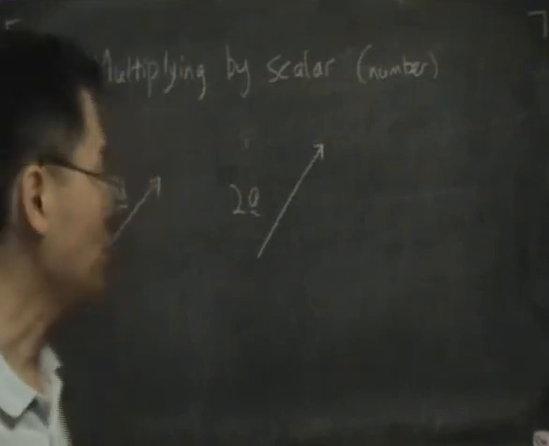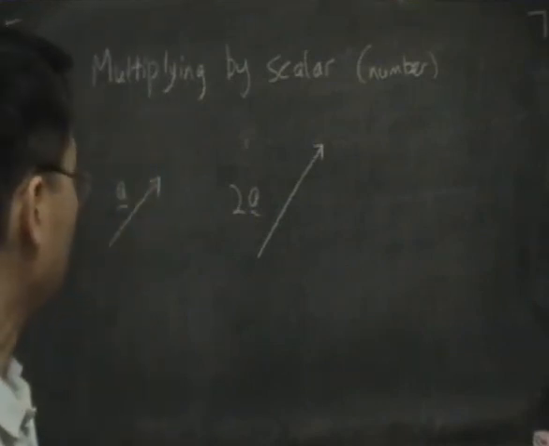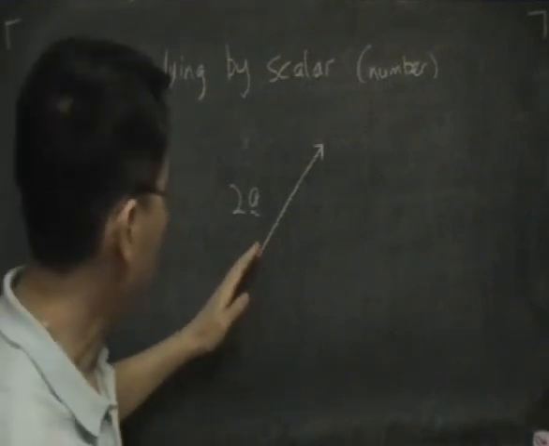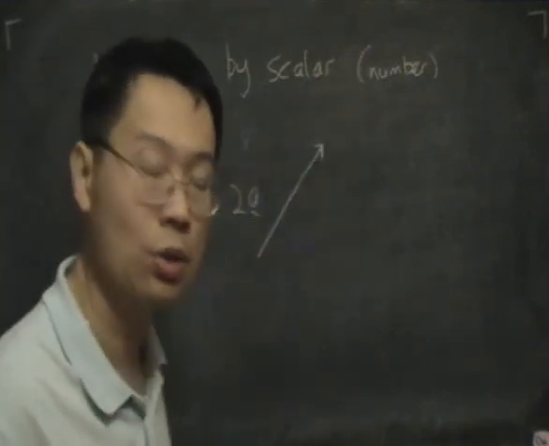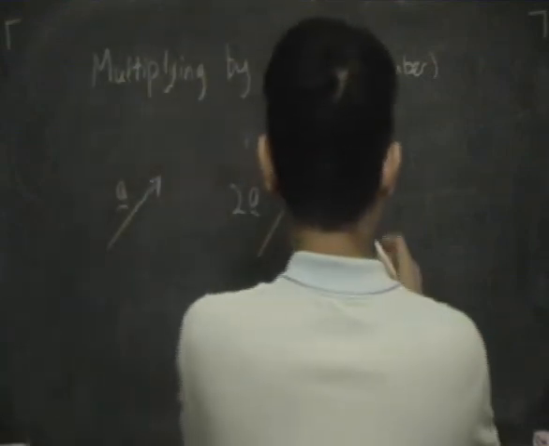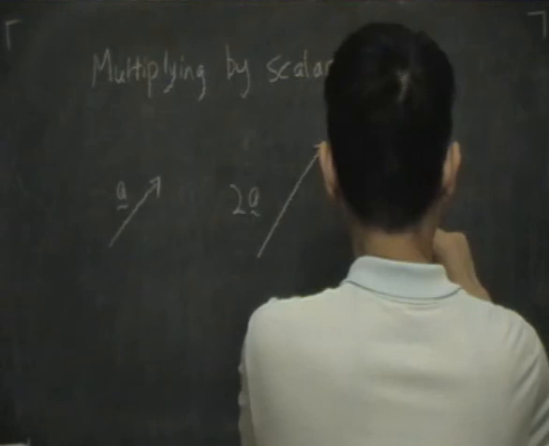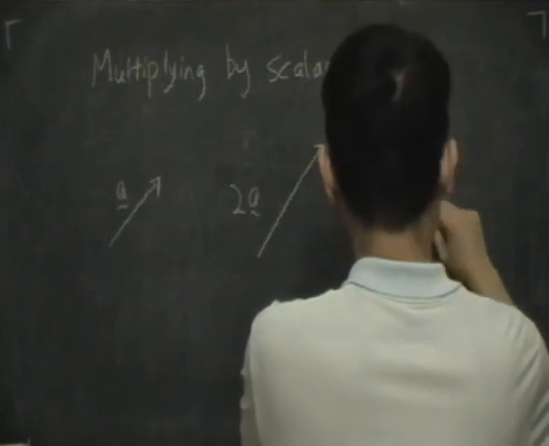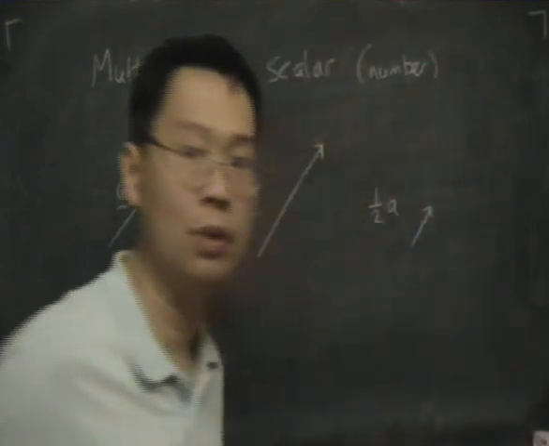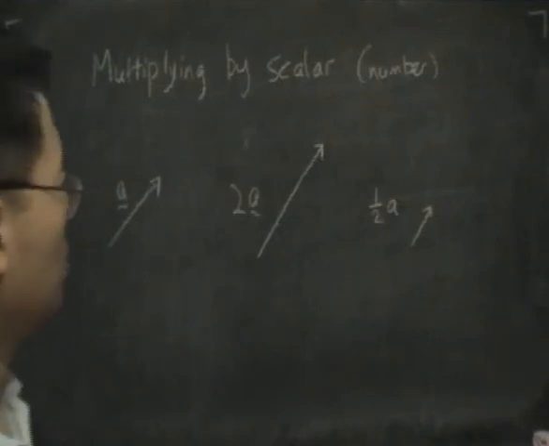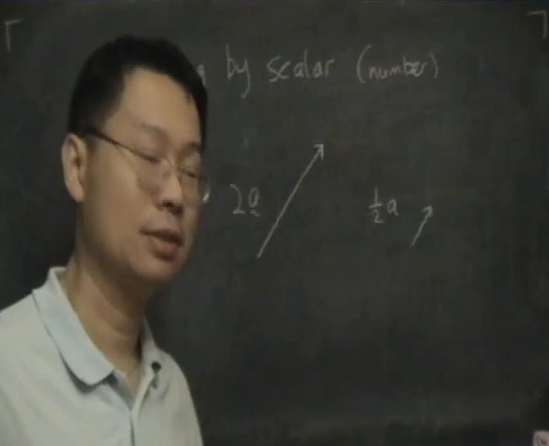That's what it means. So once we understand this idea, you can think of any number times the vector A. So 3A, for example, would be a vector in the same direction but 3 times longer. And I can also talk about half A. Half A would be a vector which is in the same direction but half as long. What about minus?